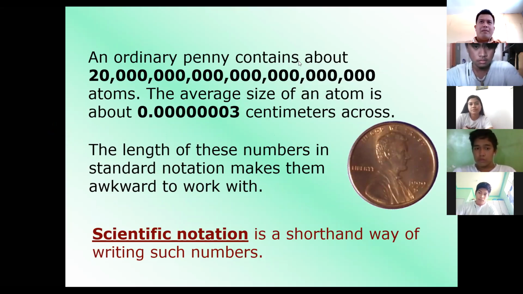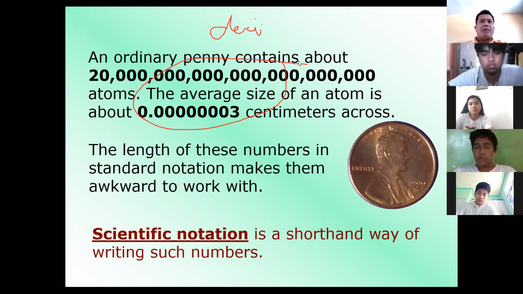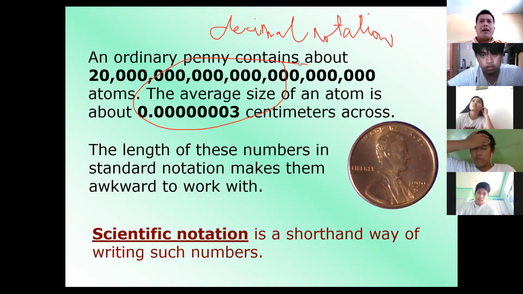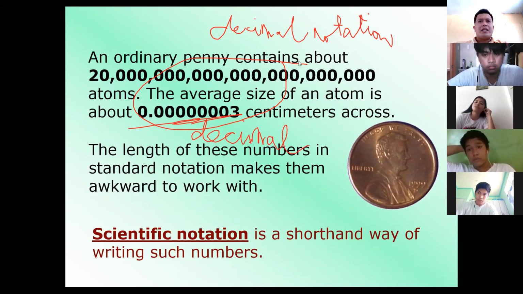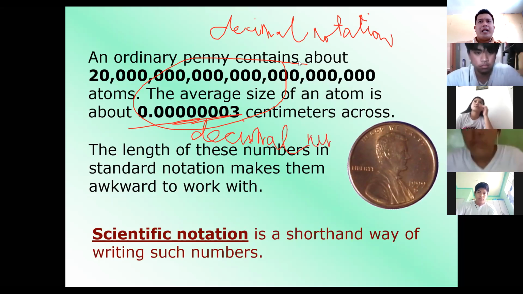But both of them, do not be mistaken with my words I just usually use. The two of them are in decimal notation. But this one is a decimal number. There's a difference, class, between a decimal notation and a decimal number.